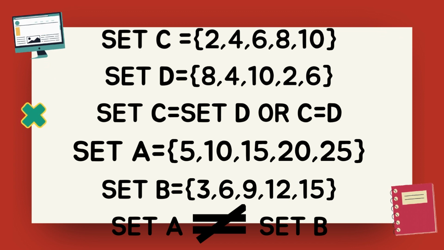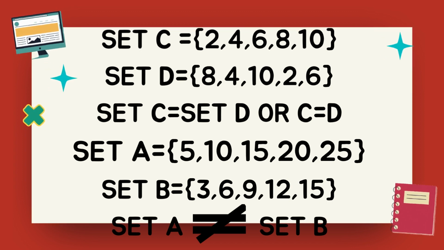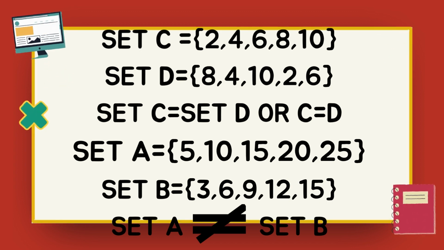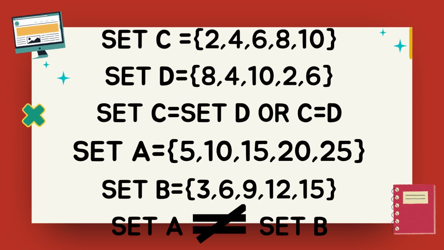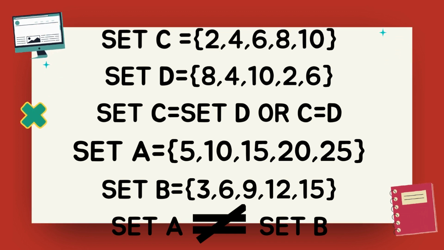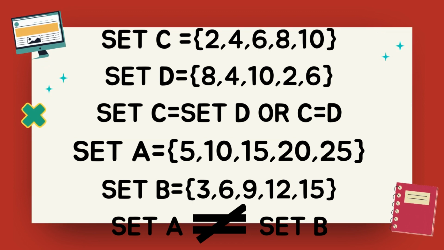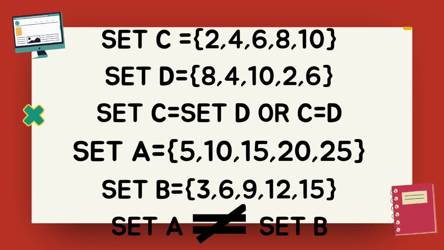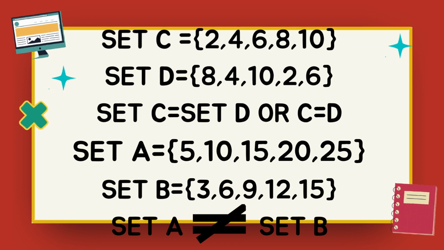Set A equal 5, 10, 15, 20, 25, while set B equal 3, 6, 9, 12, and 15. So set A is not equal to set B, as you can see.